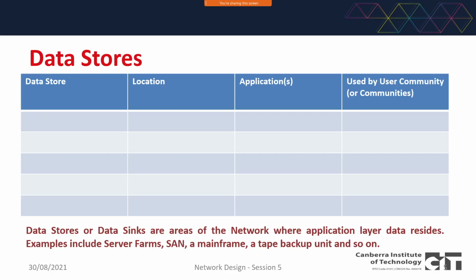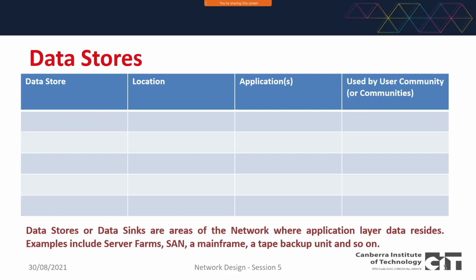So just a quick review of everything we studied so far. We studied the importance of understanding the user communities. So we basically divide the groups of users that are trying to access the resources across everything we have connected to our network. We also have the data store.